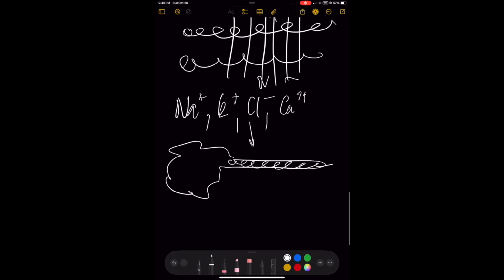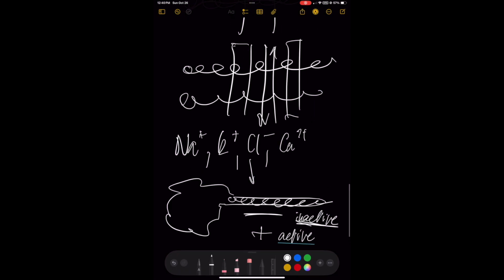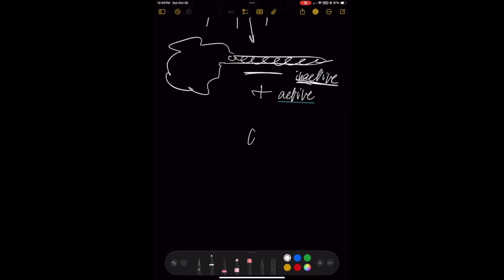Well, during this time, the inactive state is caused by a negative charge here, and the positive charge is active. So barbiturates and benzos, such as Xanax and Valium, work by allowing Cl to come into the cell, and they inactivate the cell. And so they open these ion channels specifically at the GABA receptor.